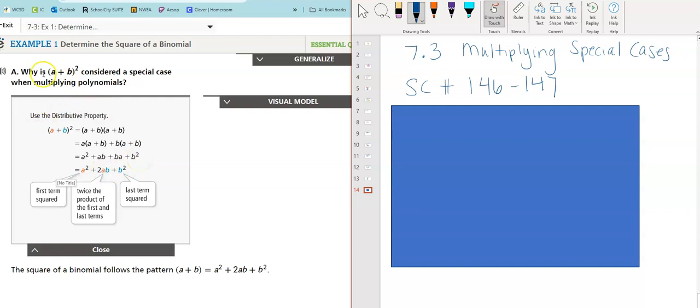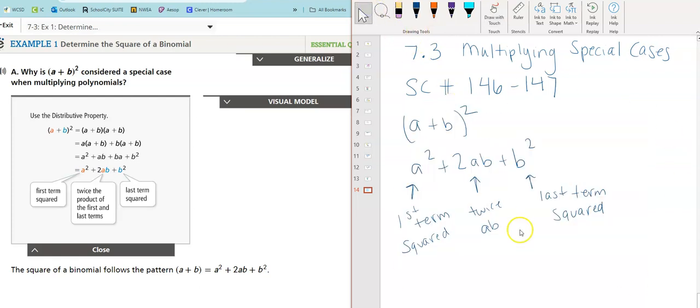So when you have something squared, you're always going to get this right here: the first term squared, then the second is twice the first and last terms multiplied, and then the last term squared.